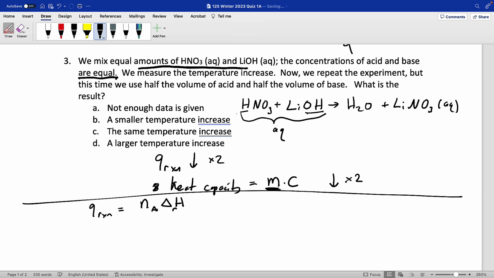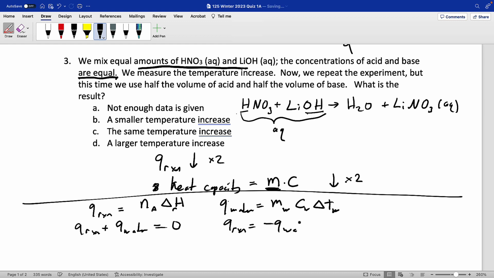And delta T, or Q for the water, is equal to M water, C water, delta T water. And if we add up Q reaction and Q water, they have to equal 0. And so we can say the Q reaction is equal to the negative of Q water.